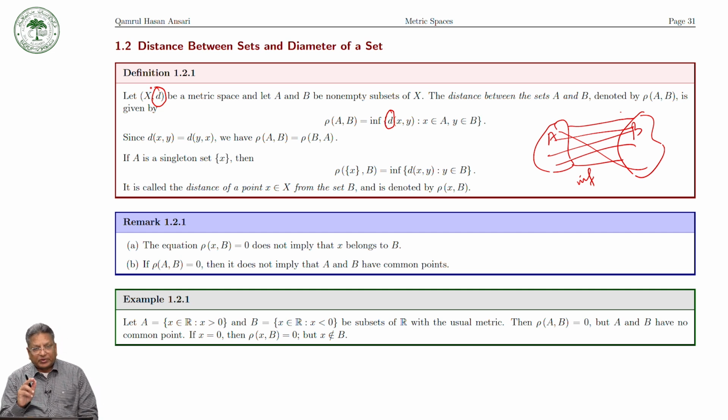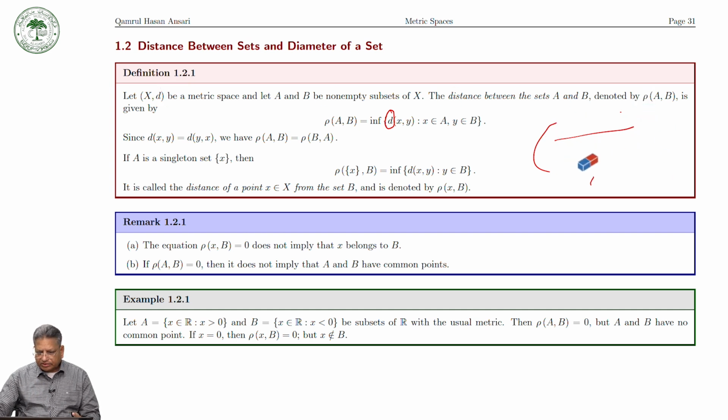There is a possibility, as we have seen, that with respect to one metric the distance may be something, and with respect to another metric the distance may be different. That we have seen in our example.